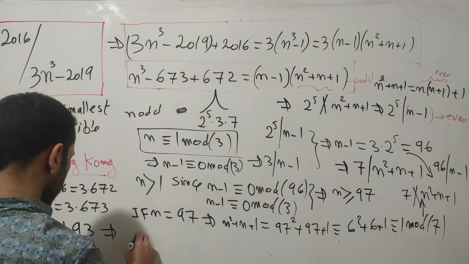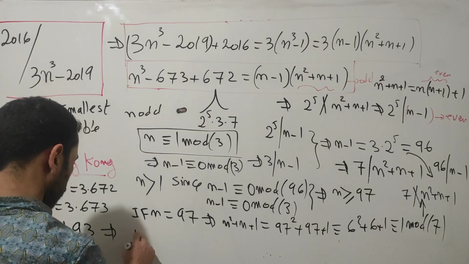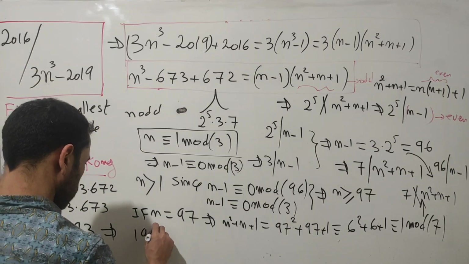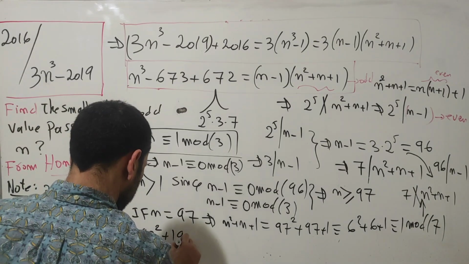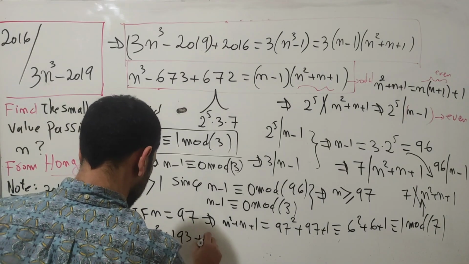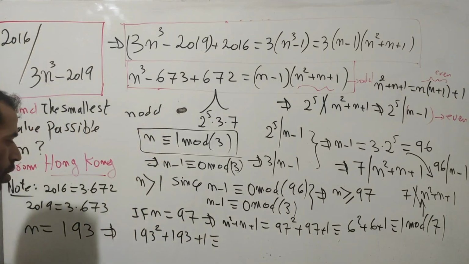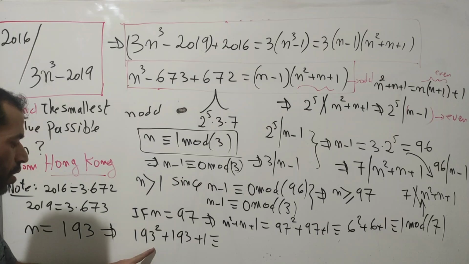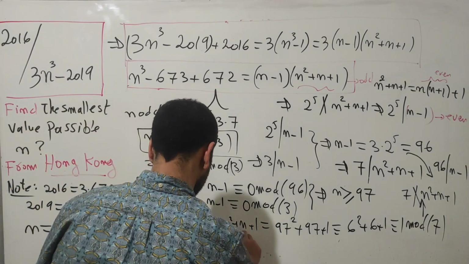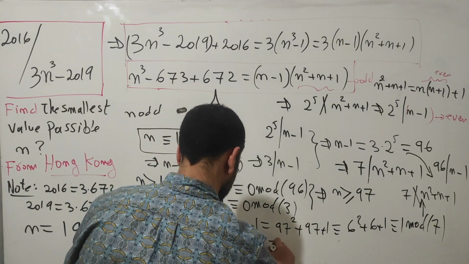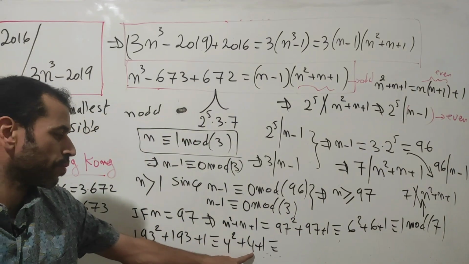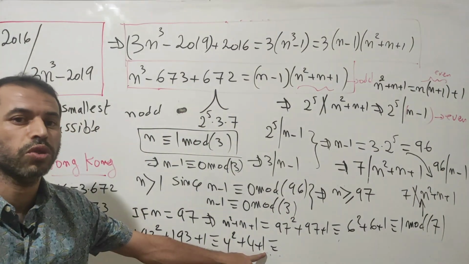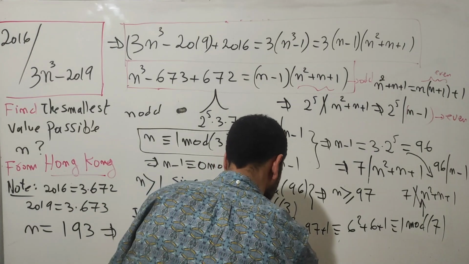I get n squared plus n plus 1, which is 193 squared plus 193 plus 1. As we discussed before, 189 is divisible by 7. So from 189 to 193, I get 4 as a remainder. So I get 4 squared plus 4 plus 1. 4 squared is 16, 16 plus 4 is 20, 20 plus 1 is 21, which is congruent to 0 mod 7.